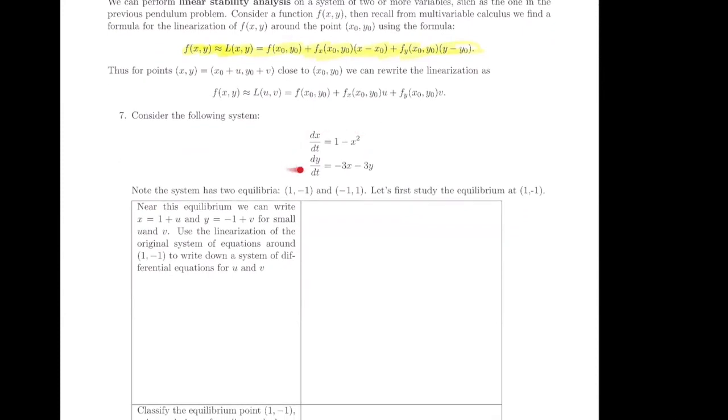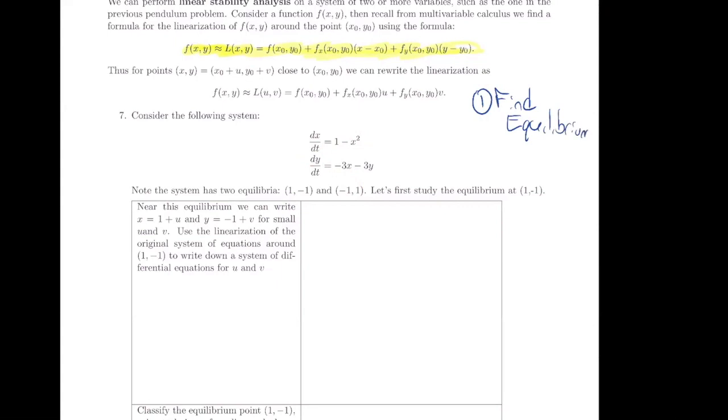Let's say I want to think about this system over here, and this is a non-linear system because of the top equation. The bottom one is actually okay.